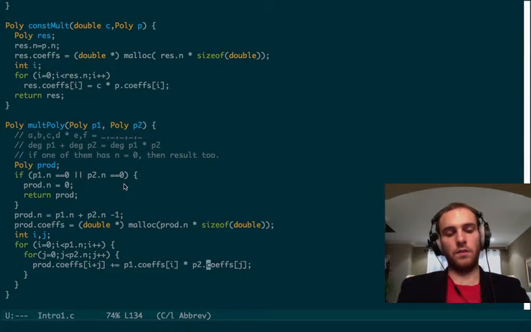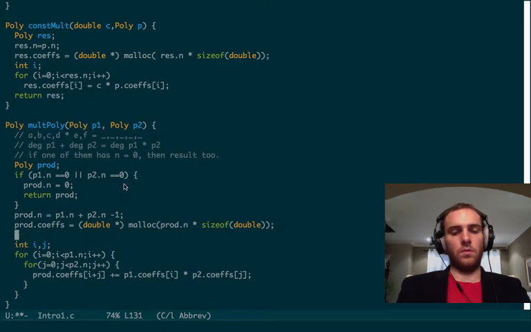That's the simplest way of doing that, but you have to do this thing for i equals 0, i smaller than prod.n, i plus plus.